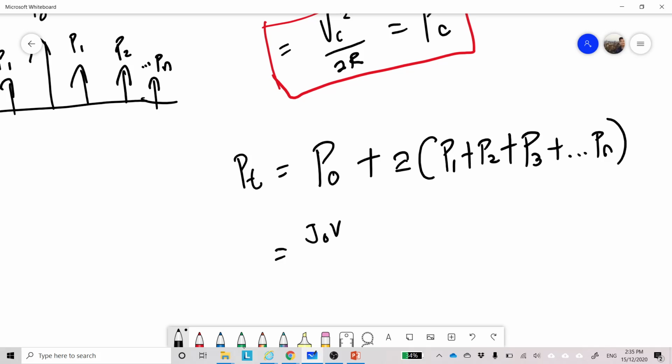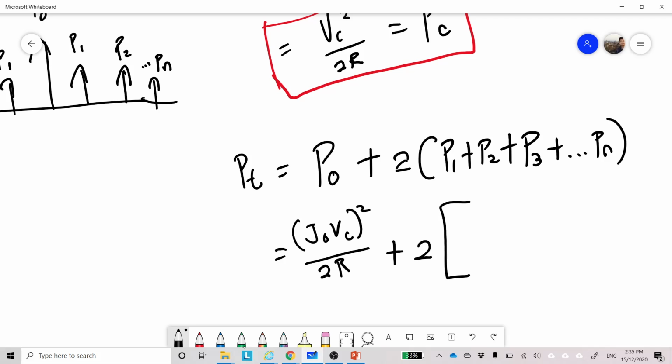Okay, so P0 bersamaan dengan J0 VC square dibahagikan dengan 2R, manakala yang ini tambahkan dengan 2.